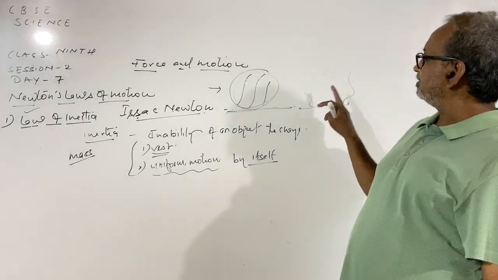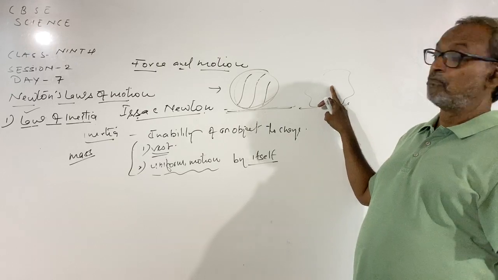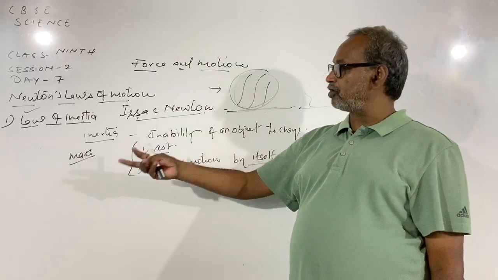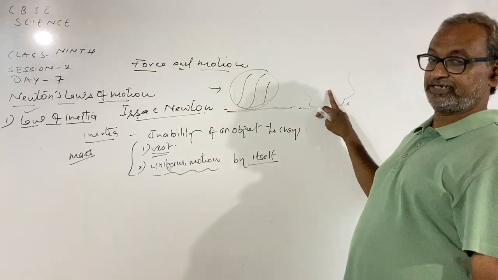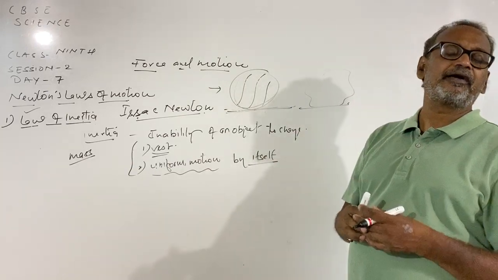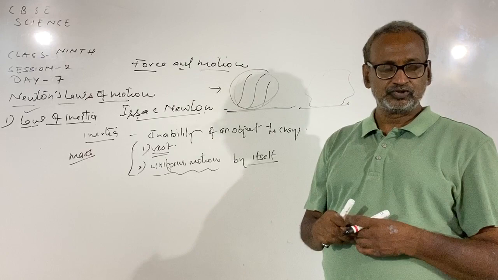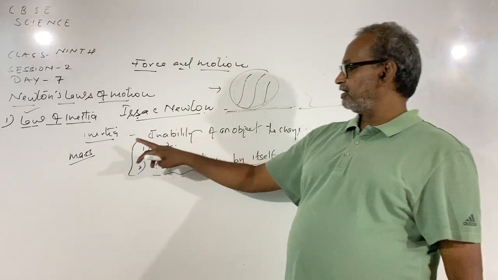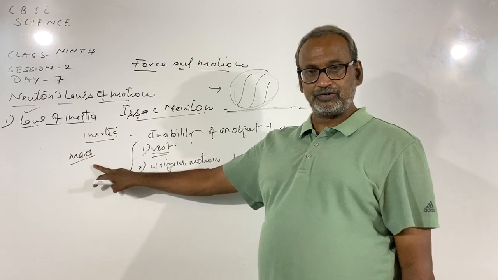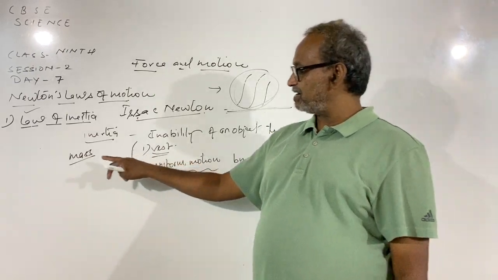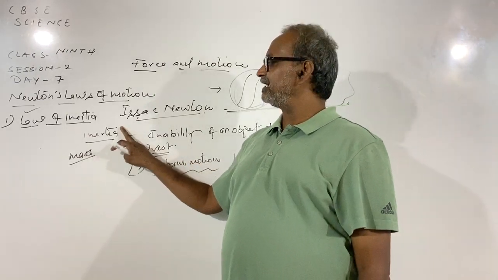This is because the piece of stone has more mass and therefore more inertia, and in order to change its state of rest, more force will be required. Therefore, inertia of a body depends on mass. How? Greater the mass, greater is the inertia.